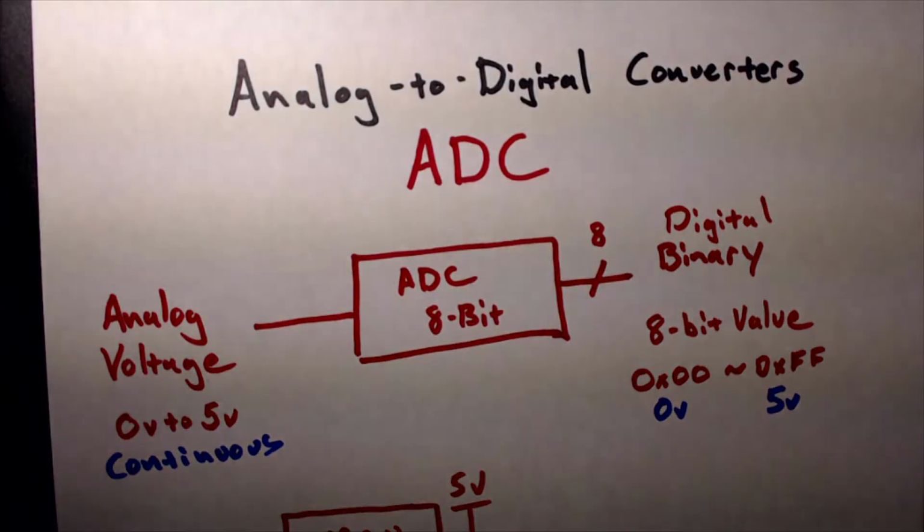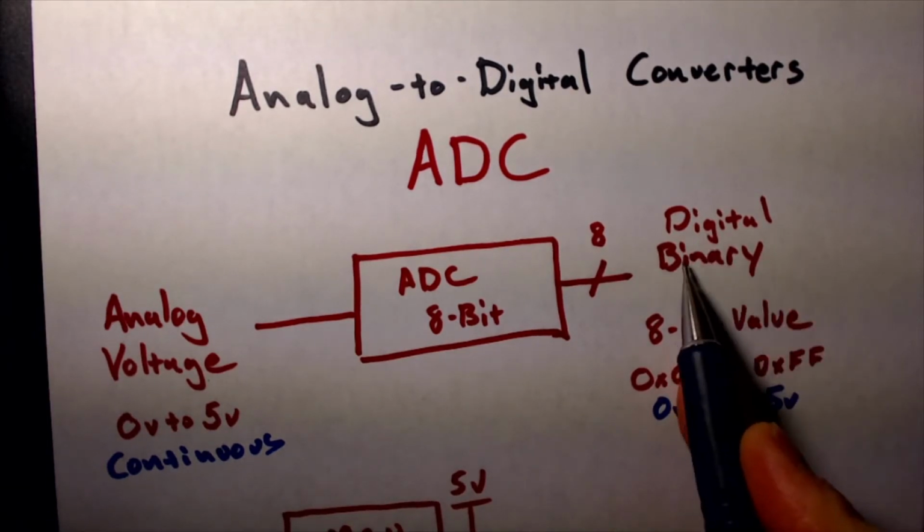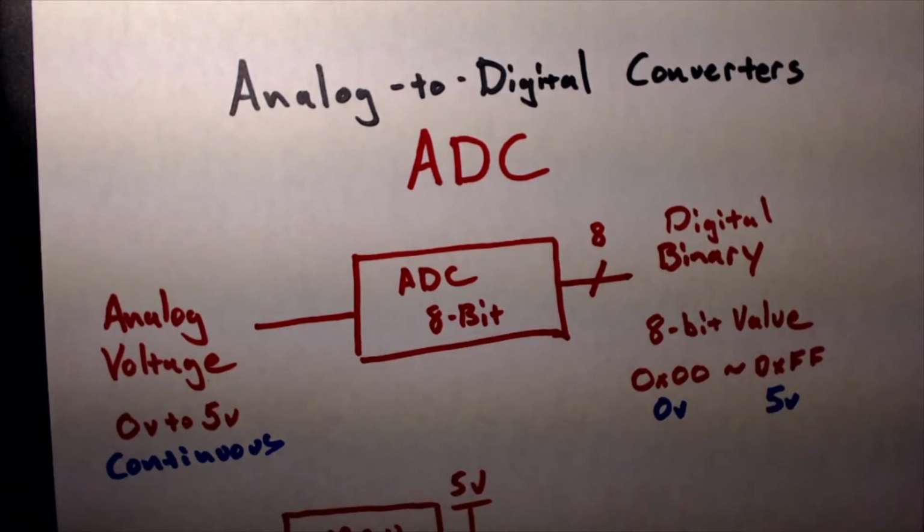Now, getting back to our analog digital converter, we can take a signal from any one of those transducers and turn it into a binary value. That's the whole goal of this analog digital converter.